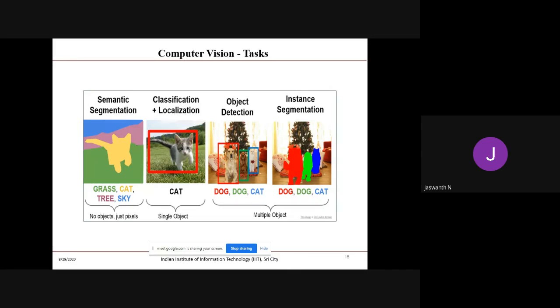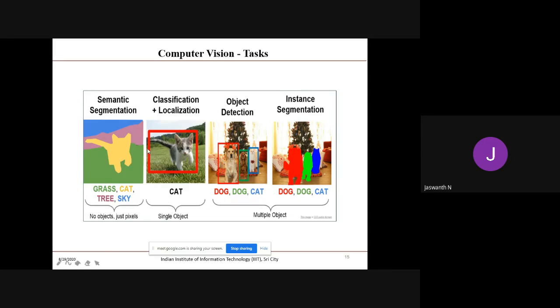Now, what are the different computer vision tasks that can be performed? Examples include semantic segmentation, where you take the picture at pixel level. So depending on the common pixels of that particular object, you try to categorize that this is a cat or this is a car or bicycle in the space of autonomous driving, etc. Then classification and localization given the entire space.